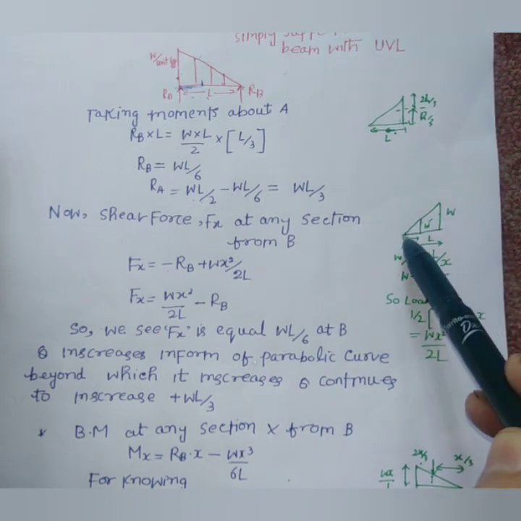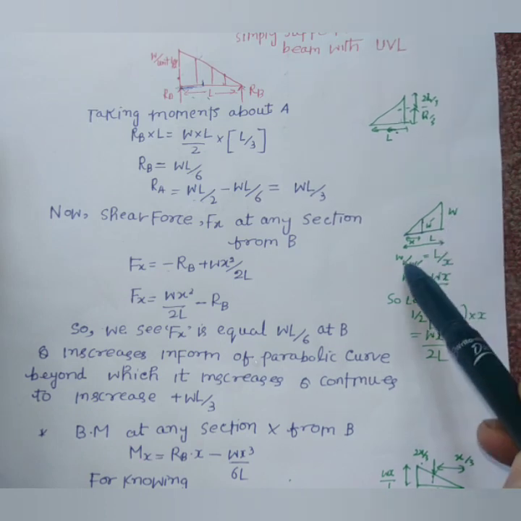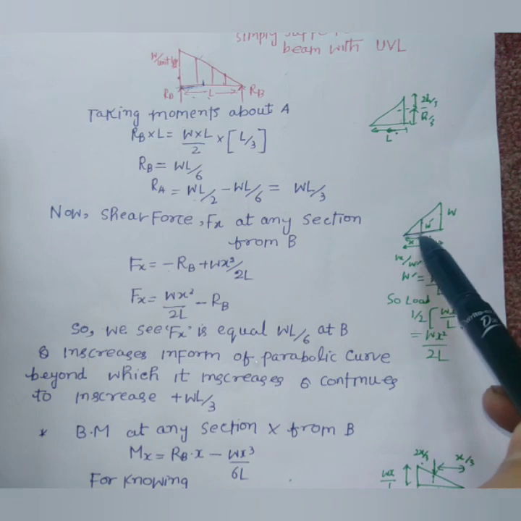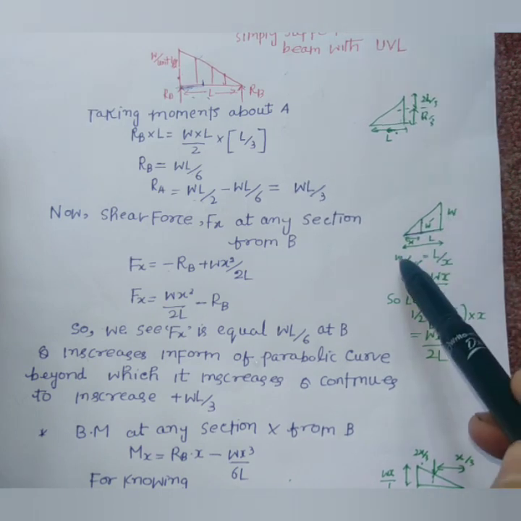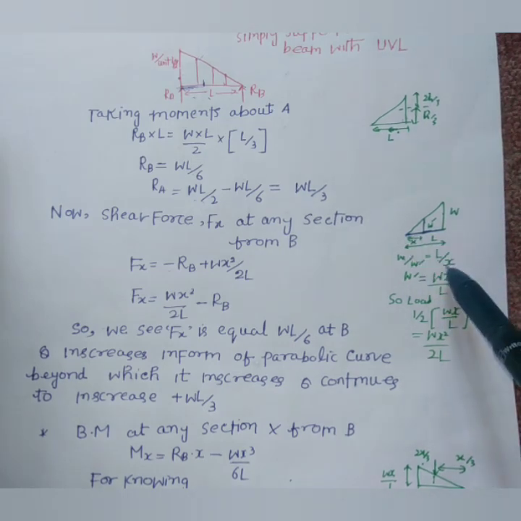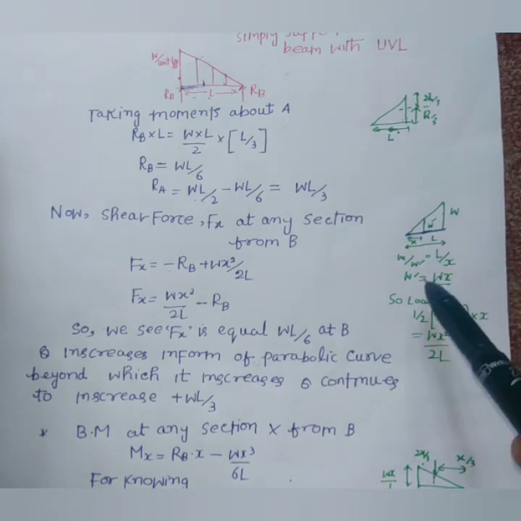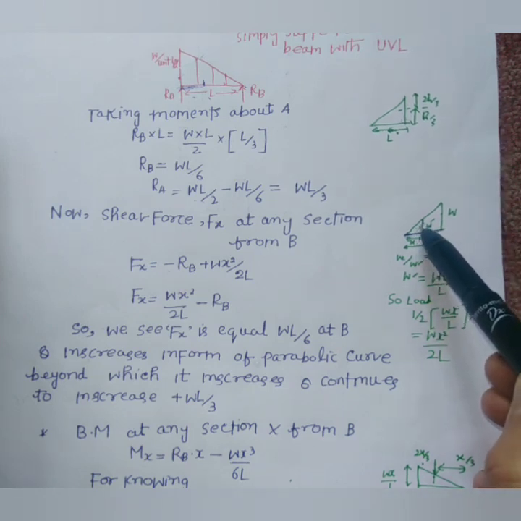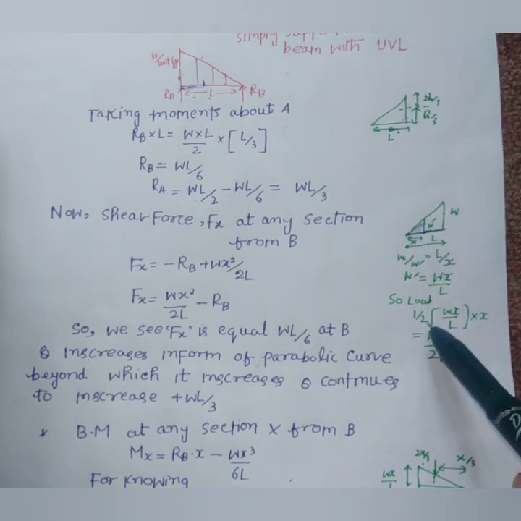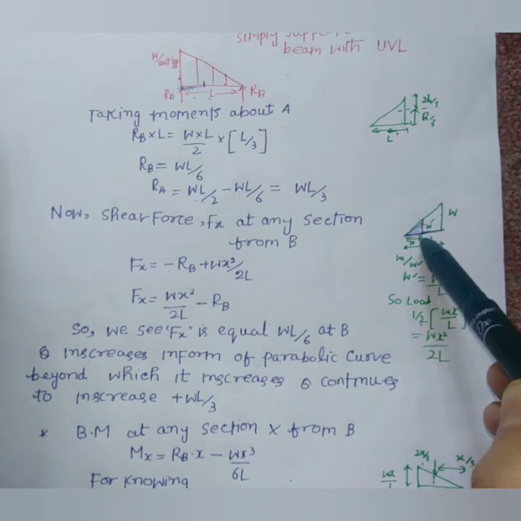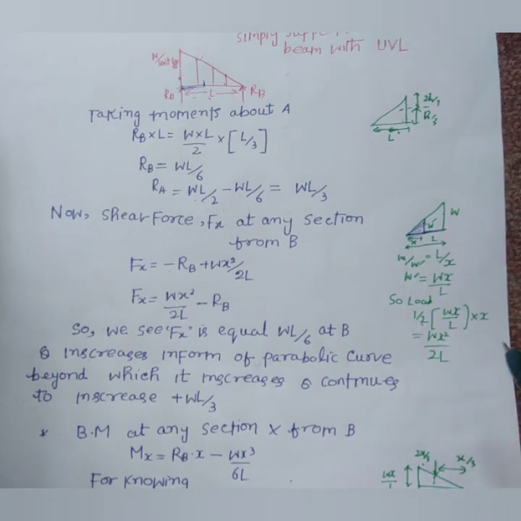Now from similar triangles, W to that of W dash and L to that of x, from this we will calculate W dash, Wx divided by L. So the load will be equal to the area of this triangle, 1/2 of Wx divided by L, the perpendicular, and base will be x, Wx square divided by 2L.